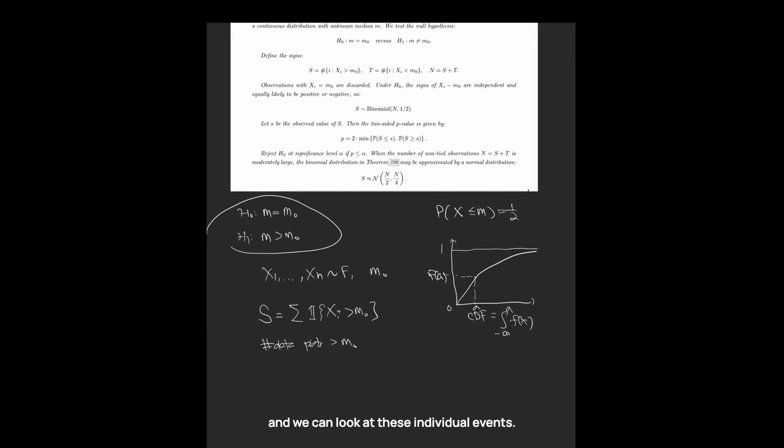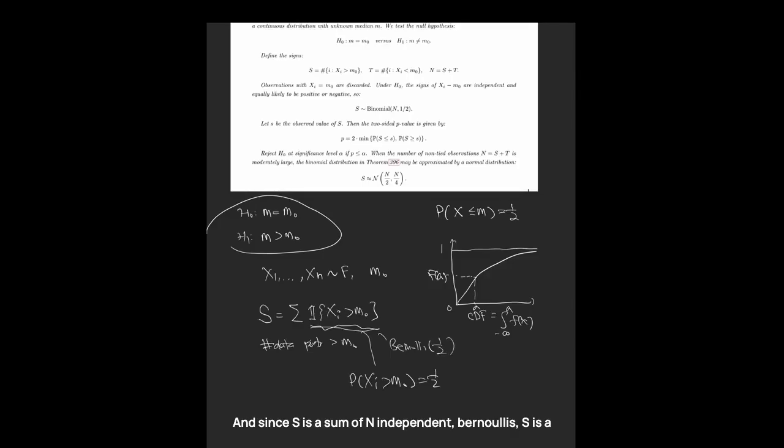And what did we say before? By definition, the probability that one of these x_i's is greater than the median value is exactly equal to half, and therefore each of these trials is a Bernoulli random variable with probability half.